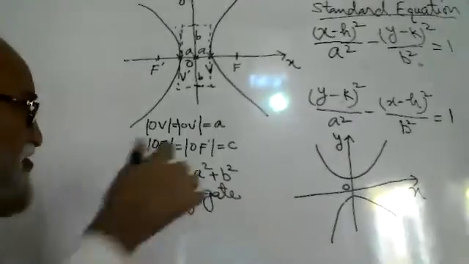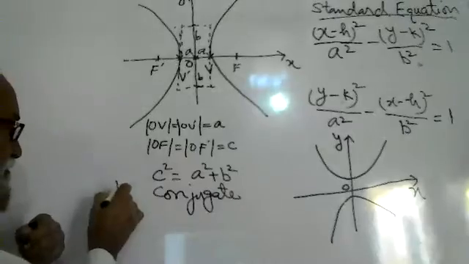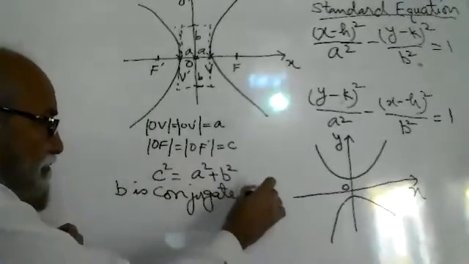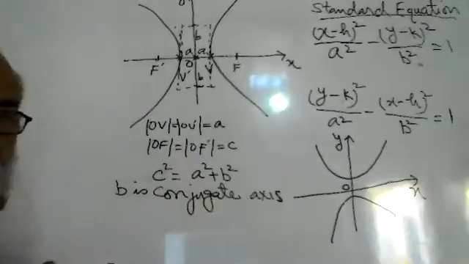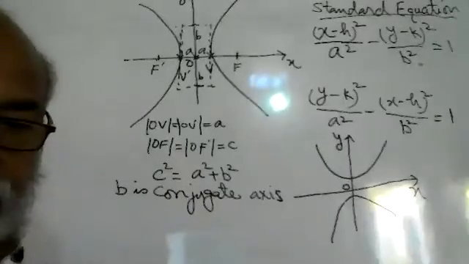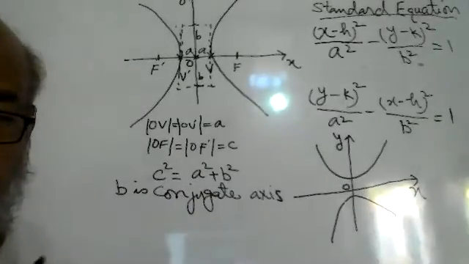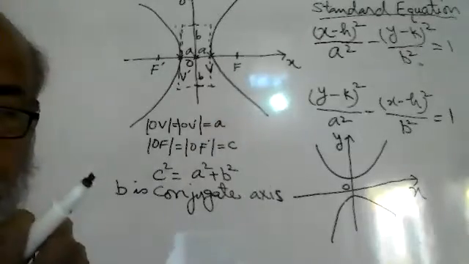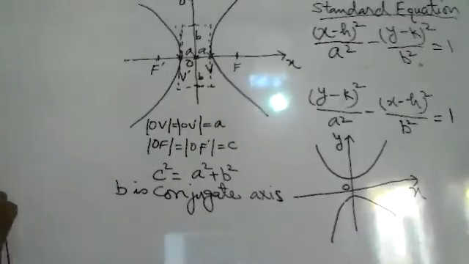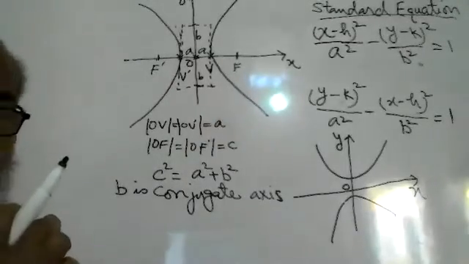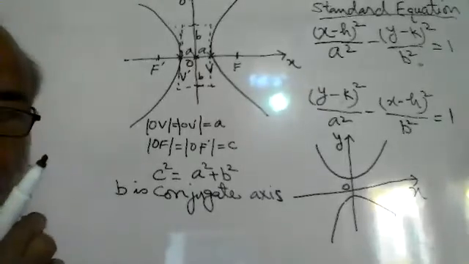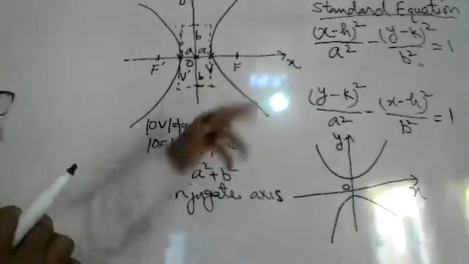A is the major axis up to here, the transverse axis. So this is the way. These are some terminology of the hyperbola and how to draw the hyperbola.